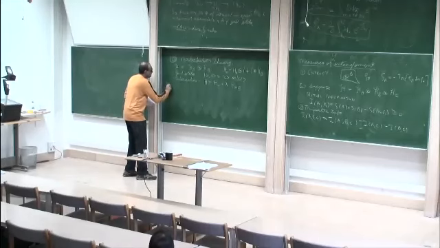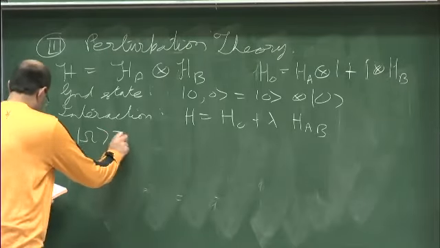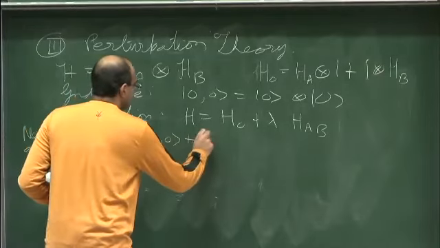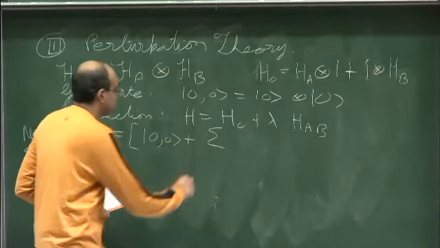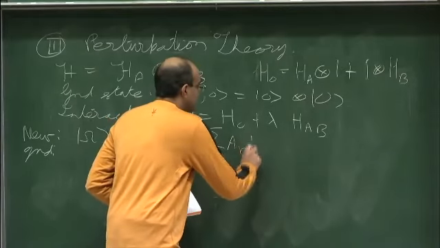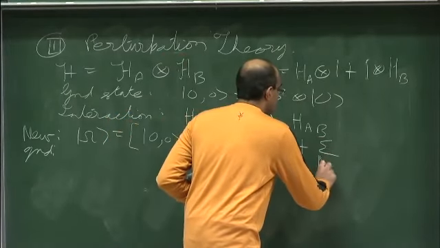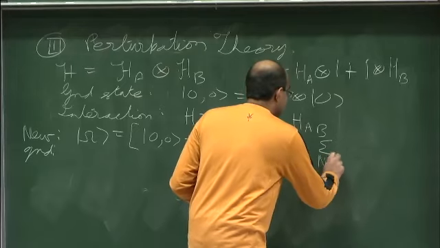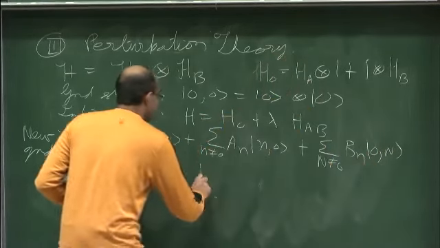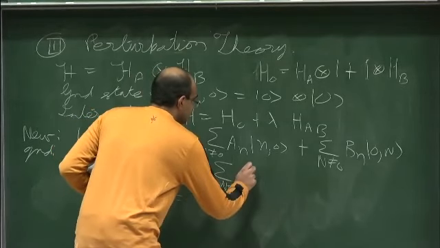So the new ground state, I'll call it omega, is, as we remember from our textbooks, going to look like something like that. The old vacuum plus states where only the system A has been excited, plus states where only the system B has been excited, plus states where both have been excited.